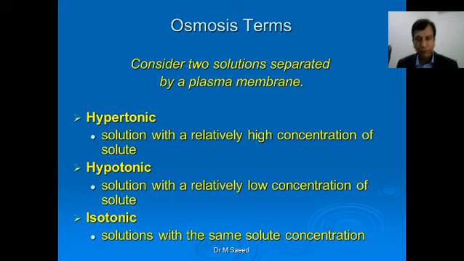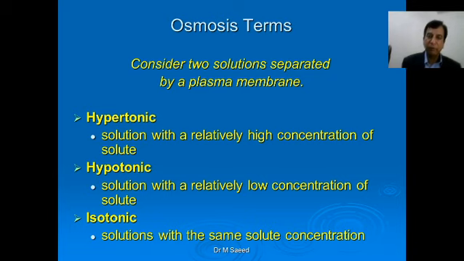sodium chloride solution. So the third chamber, if you compare it with the second one, which has 2.9% sodium chloride, is hypertonic as compared to the second chamber, which contains 1.9%. And this second chamber, with 1.9% sodium chloride, is hypertonic as compared to the first one, which has 0.9%.